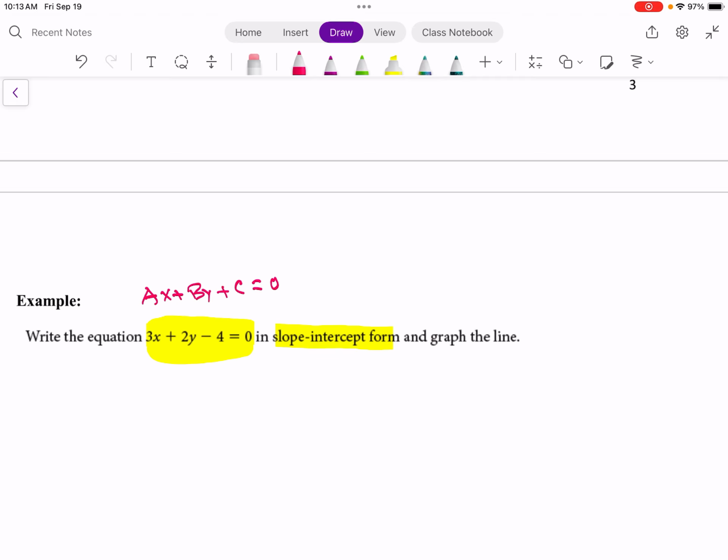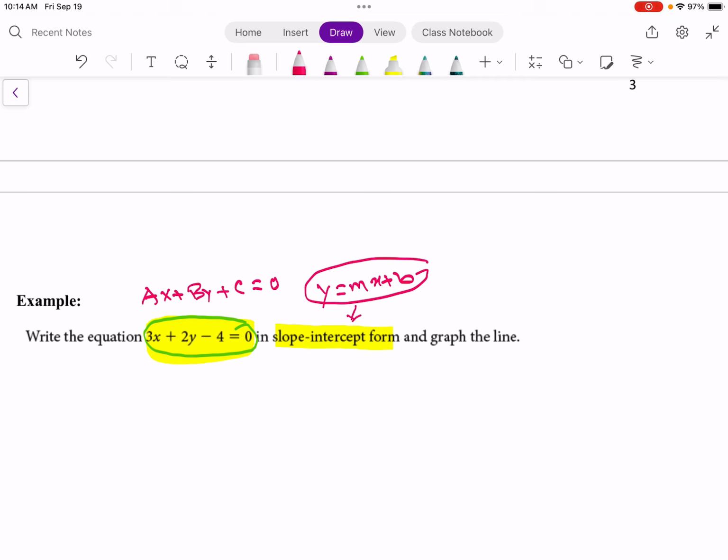It means we are given the general form of the equation of a line, and we have to rewrite it in slope intercept form. What is that slope intercept form? Slope intercept form is y equals mx plus b. ax plus by plus c equals 0 is the general form. So from the general form, we are rewriting it in slope intercept form.